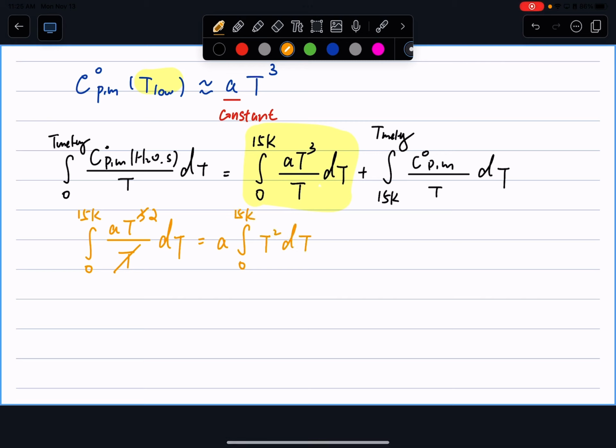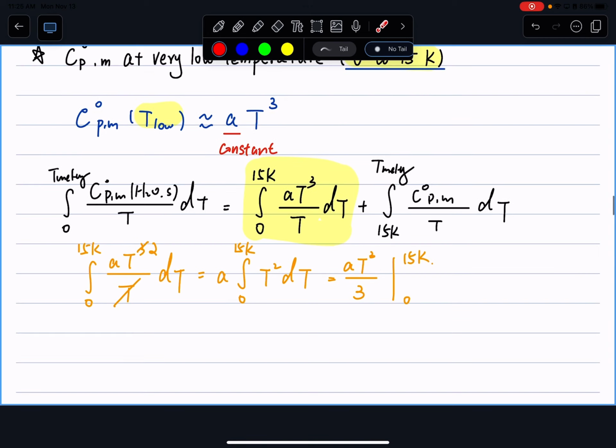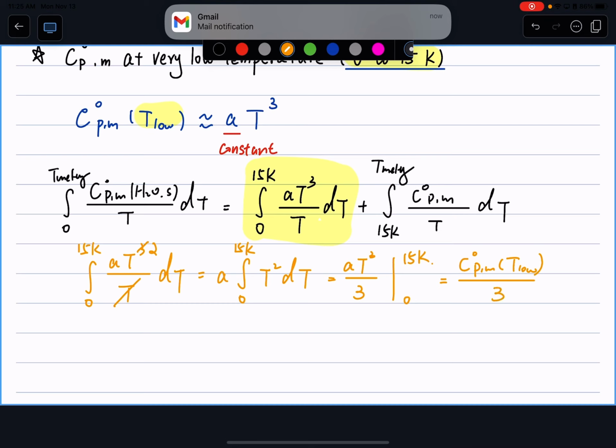Taking the integral, we end up having A T to the third over 3 between 0 and 15 K. Your A T to the third is roughly your heat capacity, so sometimes people also write this term as Cp naught M at T low over 3.